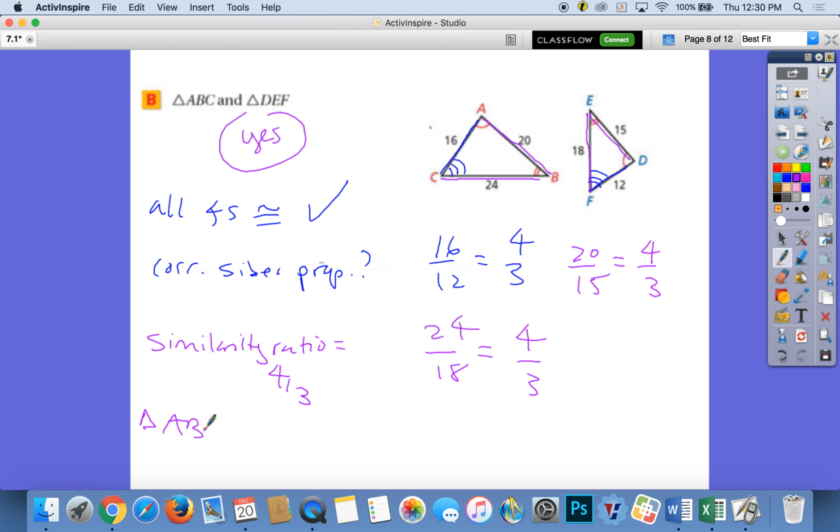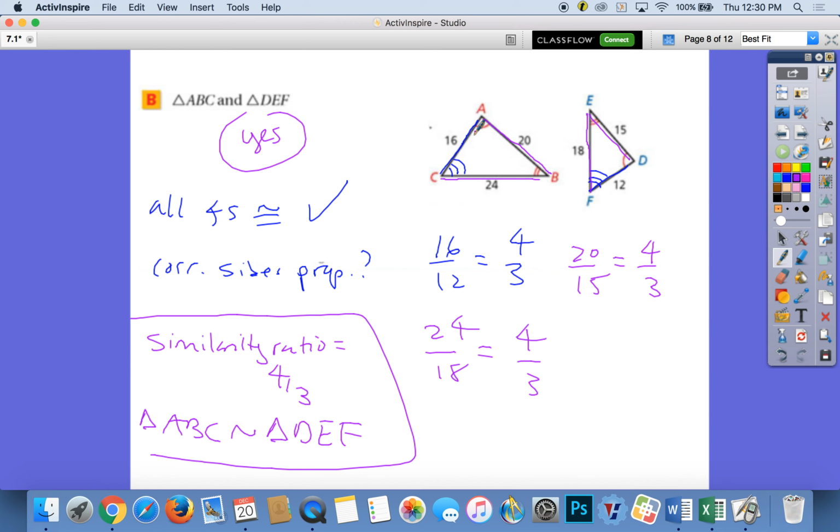Triangle ABC is similar, okay, what does A match up with? D, to triangle D. What does C match up with? F. And what does B match up with? E. So D, E, F. And this is going to be important, guys, okay? Now, one other thing I want to make a point of is, how did I know that 16 went with 12?